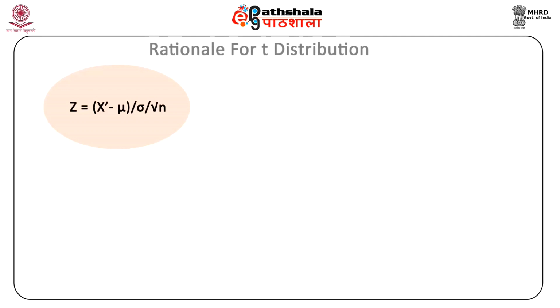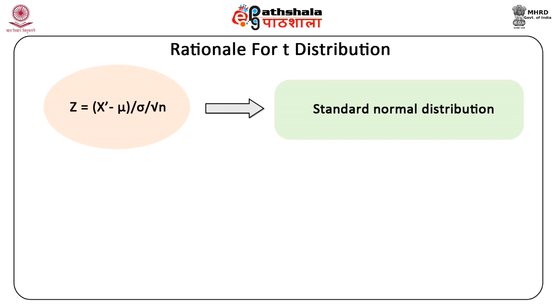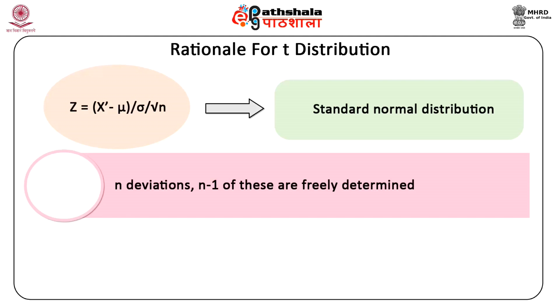Here z is equal to x prime minus mu slash sigma slash square root n and has the standard normal distribution. This is because S is based on the n deviations, which implies that only n minus 1 of these are freely determined.